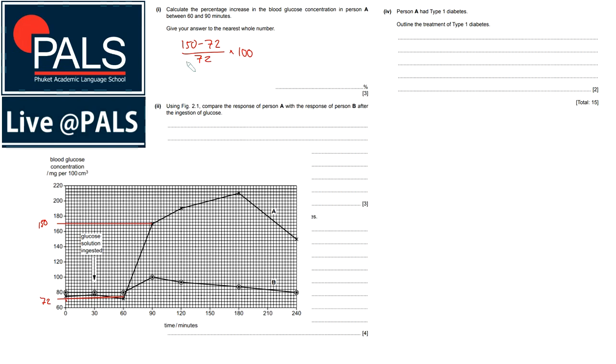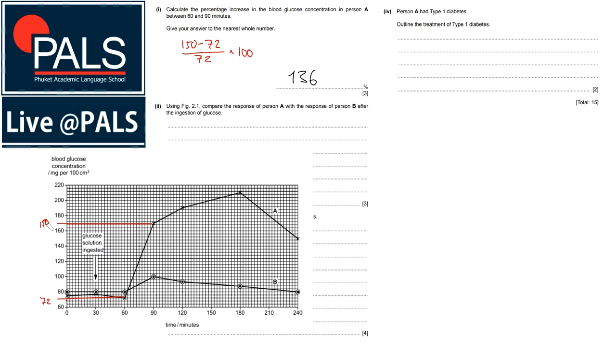So I don't have a calculator at hand right now, but according to the mark scheme, this should give us 136% increase. Oh, sorry, this is not 150. This is 170. So 170 minus 72.